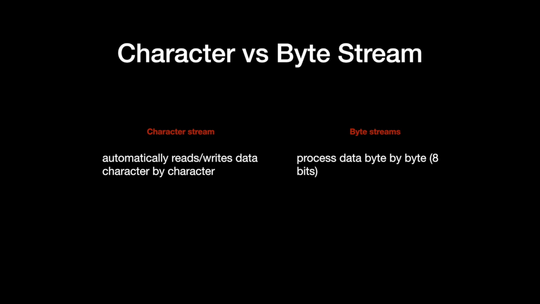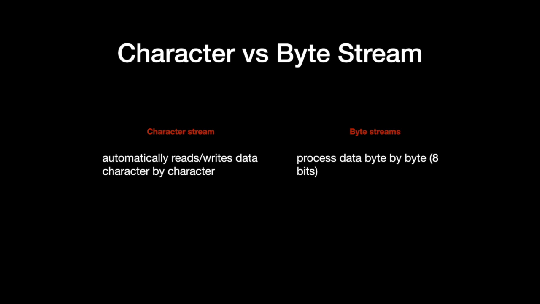When we write a file to the disk using characters like letters and numbers, these characters are normally 16 bits. That's why it's better to use the character stream when we want to export data to the disk. Byte streams are used when we want to process raw data, like binary files.